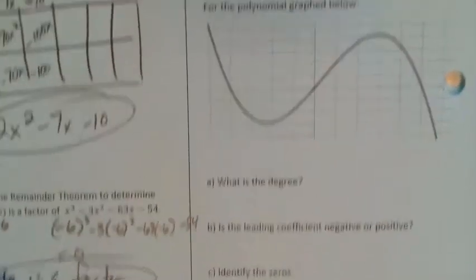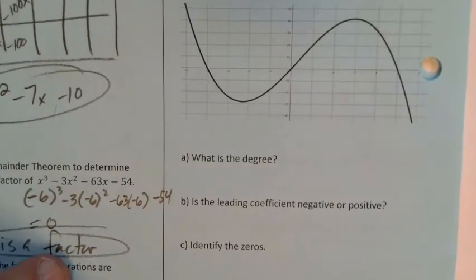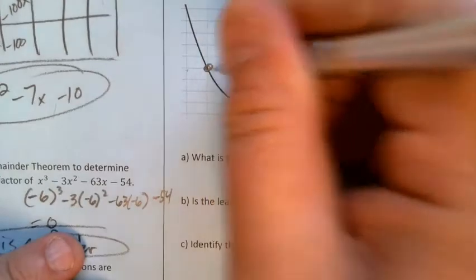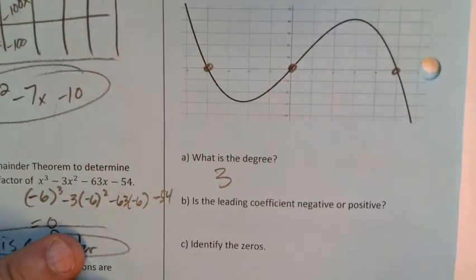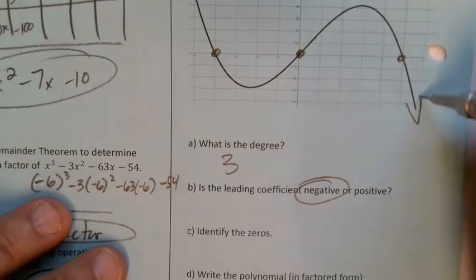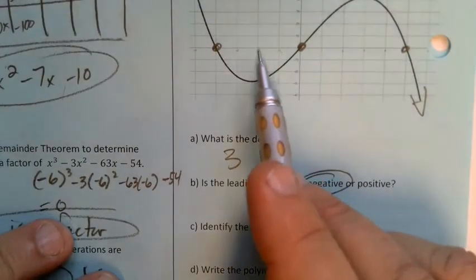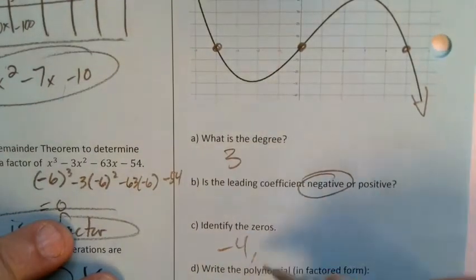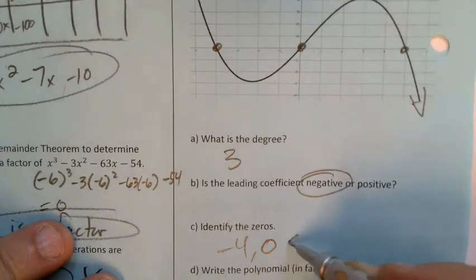Cool. 14. For this polynomial graphed below, what's the degree? Well, I see 1, 2, 3 zeros, so it's 3, just because there's 3 zeros. Okay. Is the leading coefficient positive or negative? It is negative because it's going down to the right. Identify the zeros. Well, the zeros are negative 4, 0, and 5.